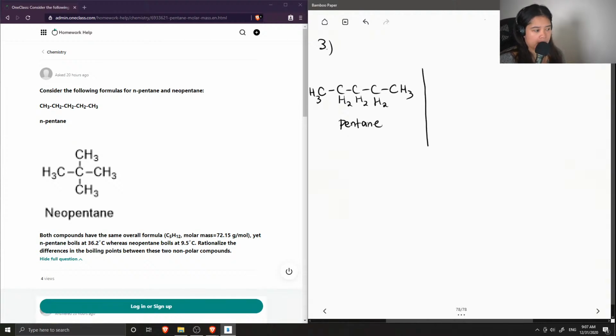And now let's look at neopentane, which also contains 5 carbons, but you can see that the molecule is much more condensed. Okay, and this is neopentane.